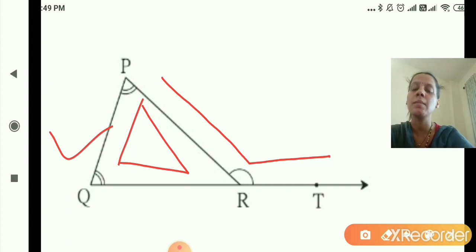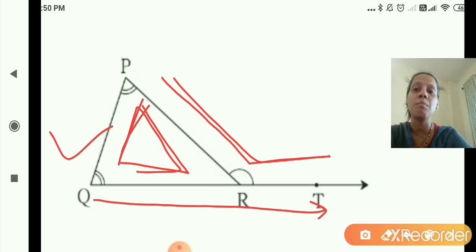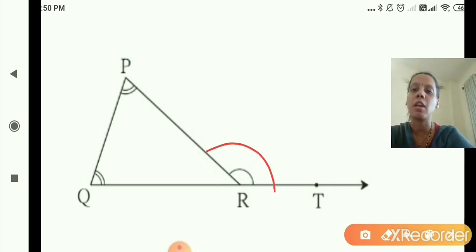Now as we have seen the definition for exterior angle of a triangle, in a triangle, on extending one side of a triangle, the angle which we get, that is forming a linear pair with the adjacent interior angle of a triangle, that angle is called an exterior angle of a triangle. So in triangle PQR, the exterior angle is angle PRT.